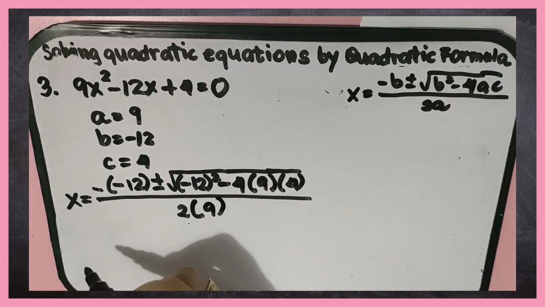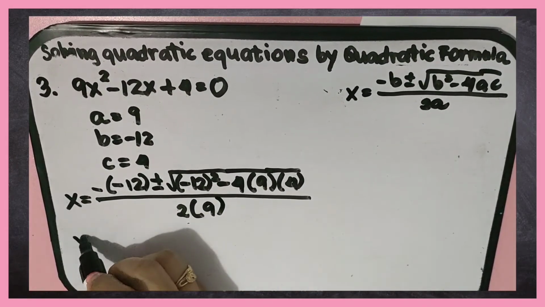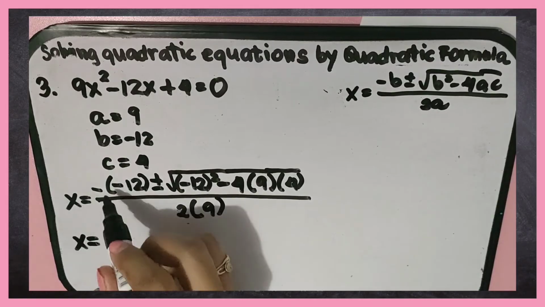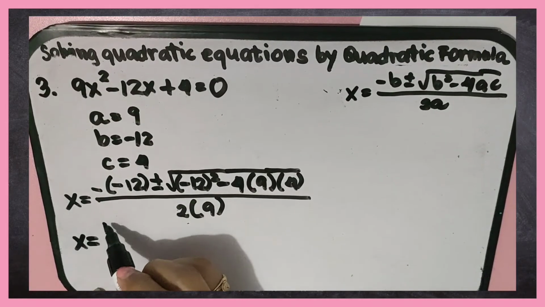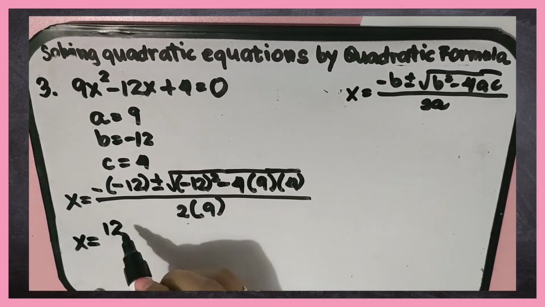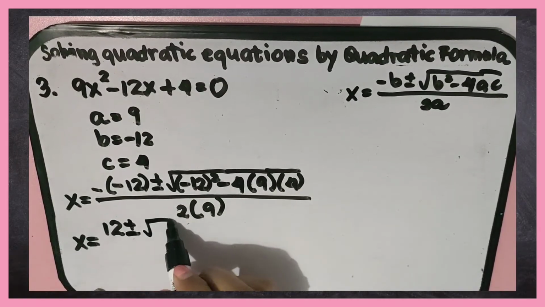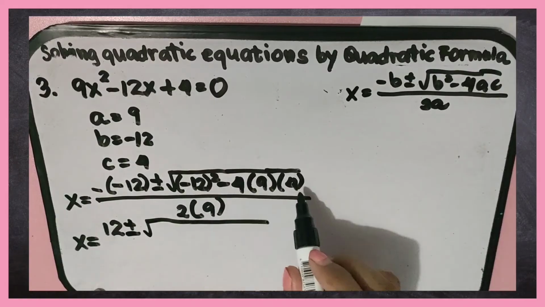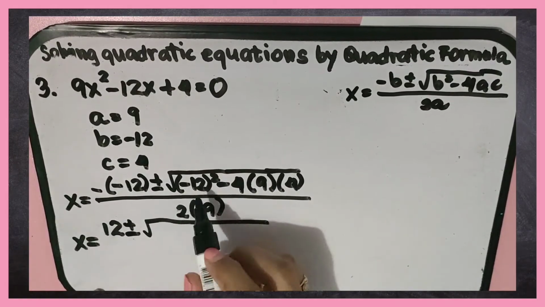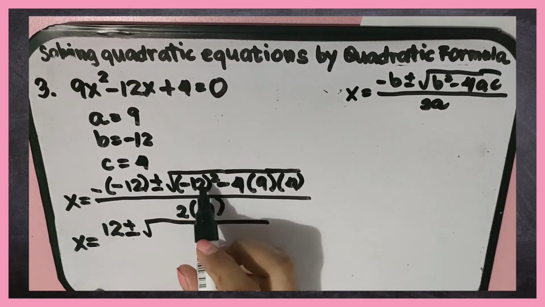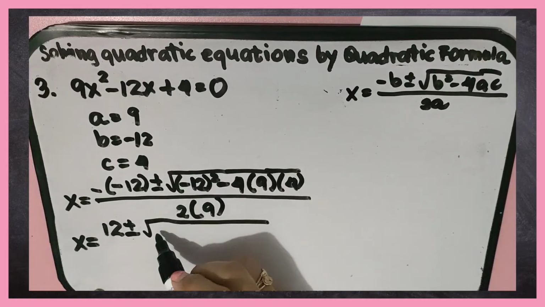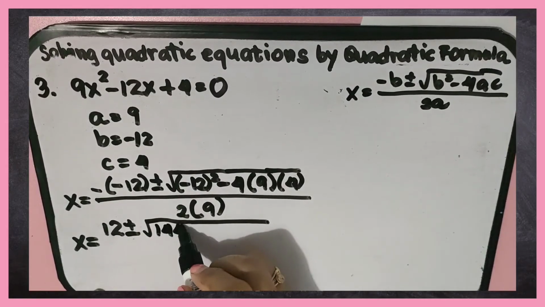Then let us simplify the result. So we have x equals negative times negative, so magiging positive. Then rewrite positive and negative. Simplify the expression inside the radical sign. So negative 12 squared, that is 144.